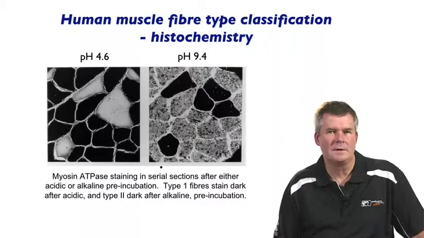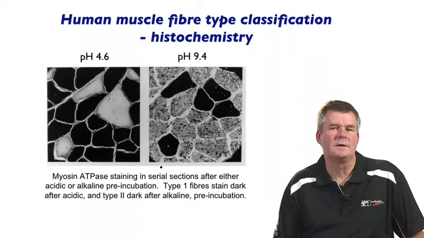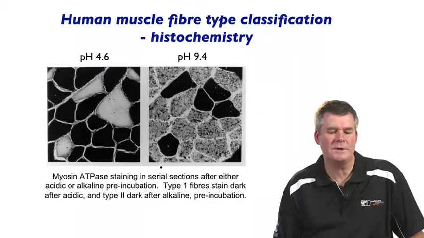So on the left-hand side of this, with the acid pre-incubation at 4.6 and staining for myosin ATPase, you can see the type 1 fibres or slow twitch fibres. If you reverse the pre-incubation and do that in alkali and then stain for myosin ATPase in the next section, you can see the reversal of the staining intensity.